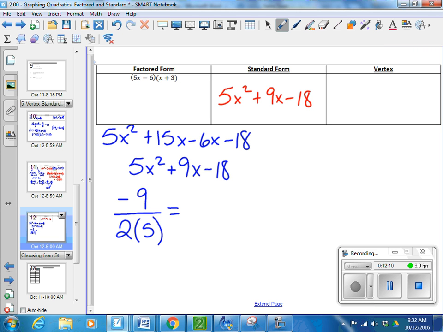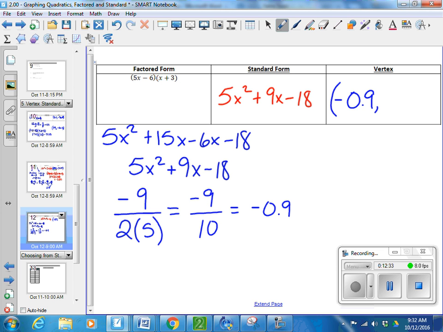So that means we'll end up with negative 9 over 10. And again, in decimal, that's going to be negative 0.9. So we're saying that's where our vertex is going to occur on the x-axis.